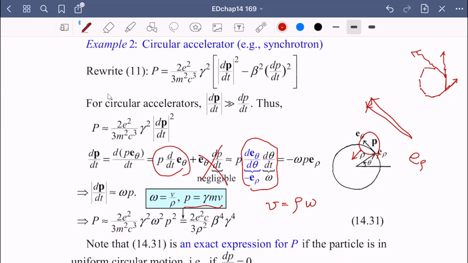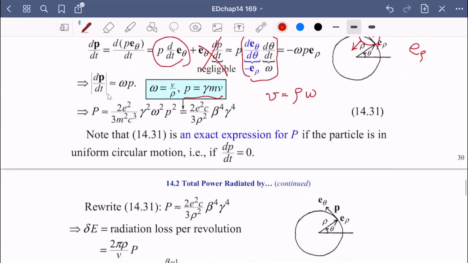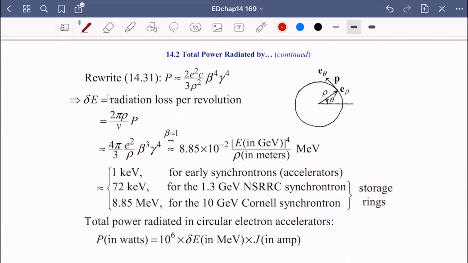So let's have a beamline. That's the beamline. Okay, that's X-ray. We will talk about synchrotron radiation very soon.